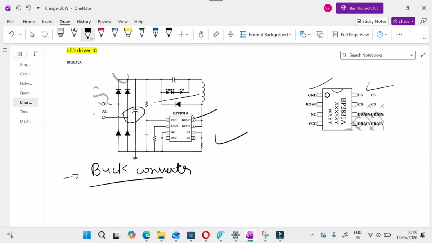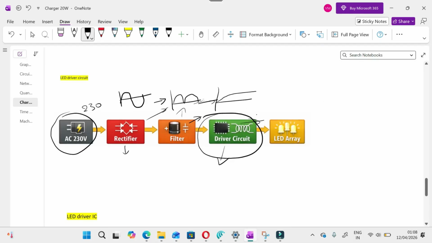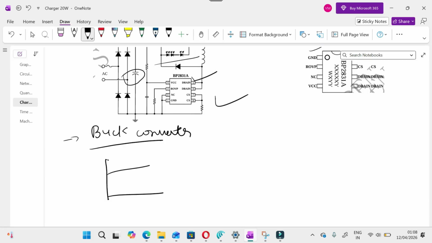What does that mean? You have an input of a fixed DC voltage which is rectified in this area, after the filtering capacitor. So you have a fixed DC voltage. This fixed DC voltage is converted to another fixed DC voltage with a lower voltage range and with controlled current.